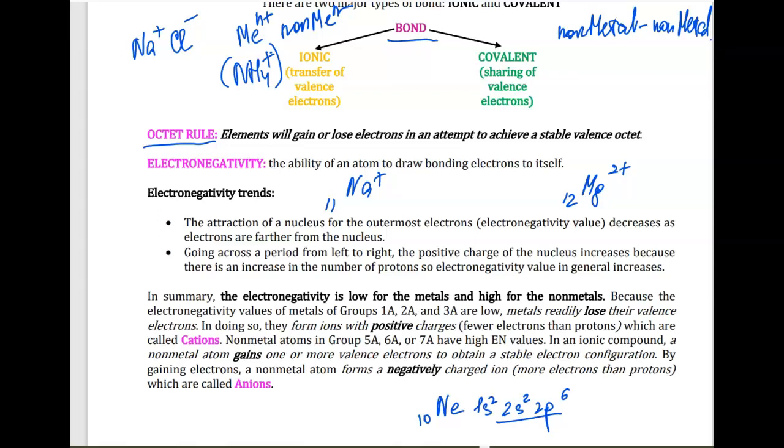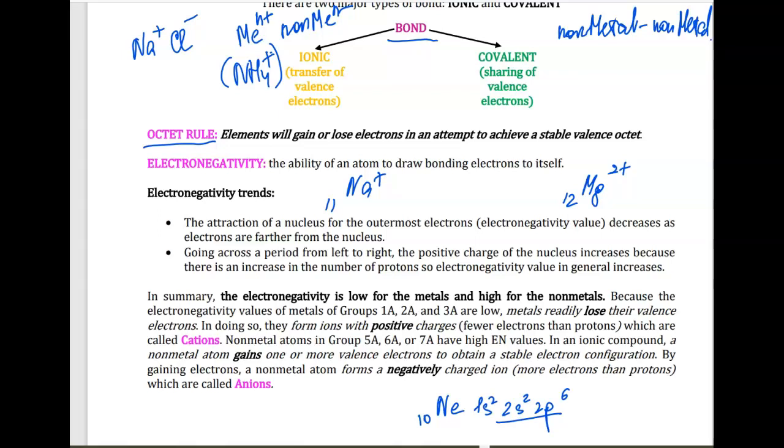When the outer shell is completed, that means this atom is stable. And I'm just repeating that noble gases are the only elements that exist as single atoms. They do not form compounds like helium, neon, and argon. No compounds are known for them.